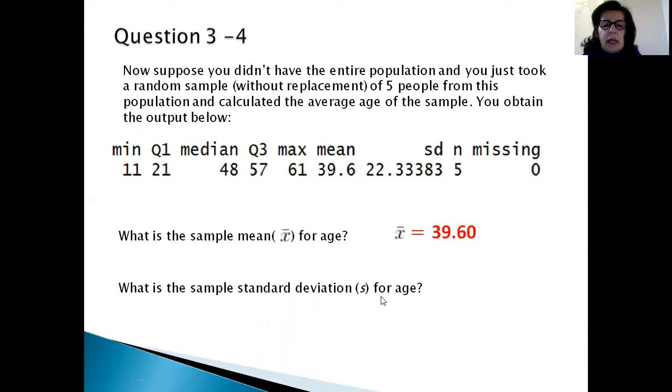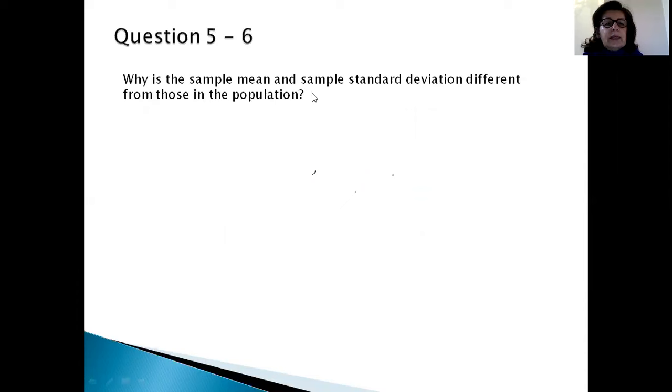What is the sample standard deviation for age? It is 22.33. Why are the sample mean and sample standard deviation different from those in the population?